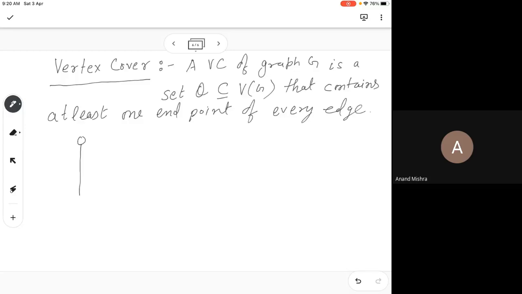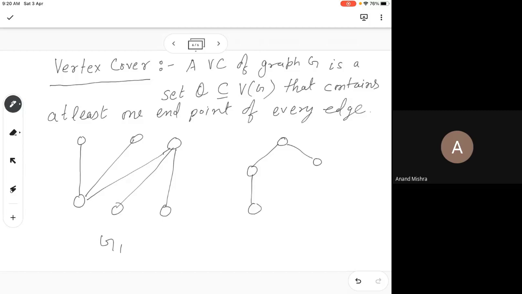Let's say my graph is this. Let me call it G1, and let me draw another graph, G2. Okay, so these are the two graphs I have, and I will find the vertex cover in each of them.